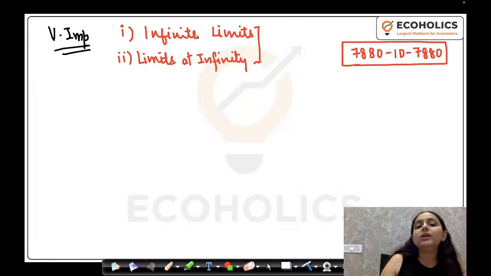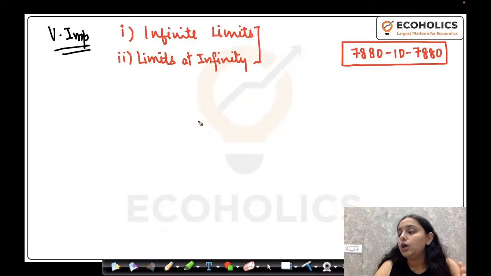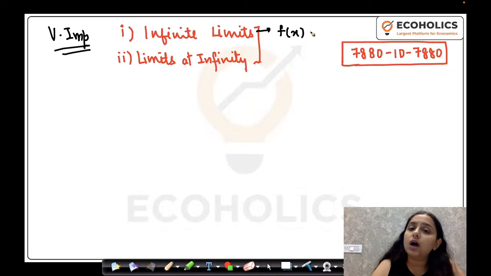Infinite limits, limits at infinity. Now, what are these two concepts? These two are completely different concepts. You don't have to get confused in them when a question comes around them. You have to solve a question related to this very carefully. So infinite limits mean when the function approaches infinity.